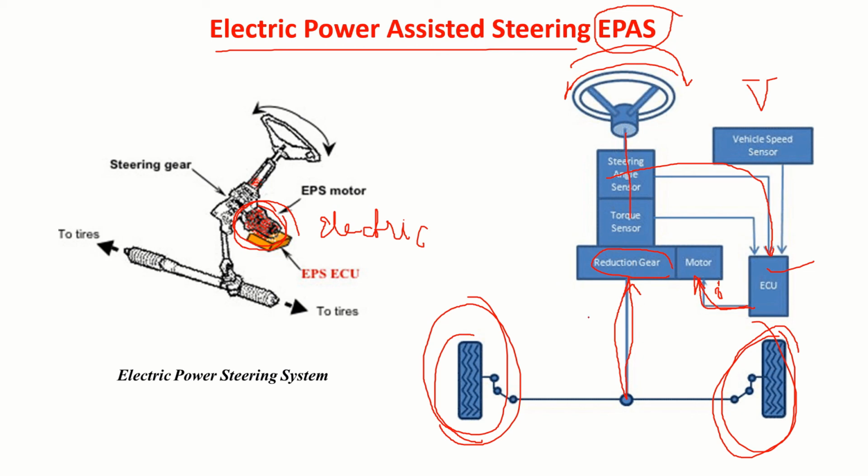All these calculations we can do and design the system, and these details we provide in another subject called vehicle dynamics. There we teach about this. Here my intention is to make you familiar with the various types of steering systems.